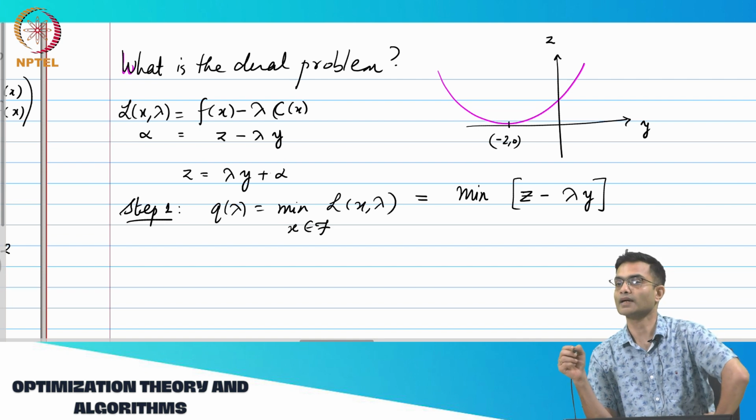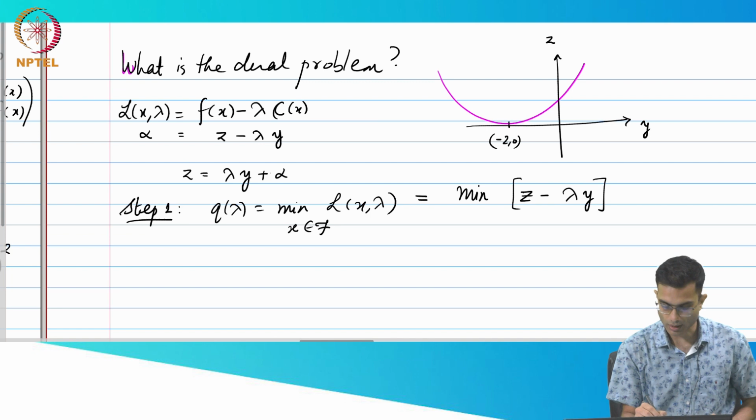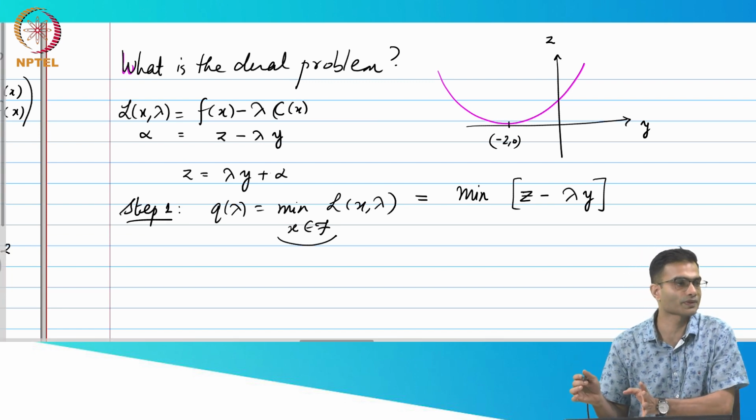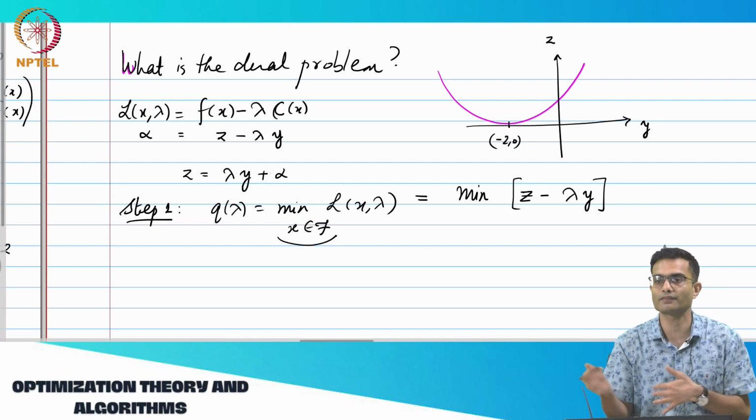Now that I am in the yz space, I need to translate x belonging to the feasible set into yz belonging to the feasible set, because y and z are not free to be anywhere.